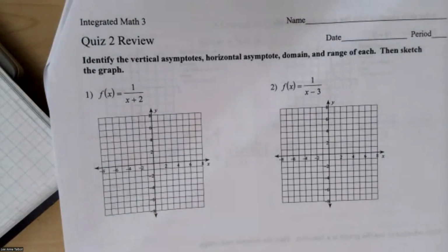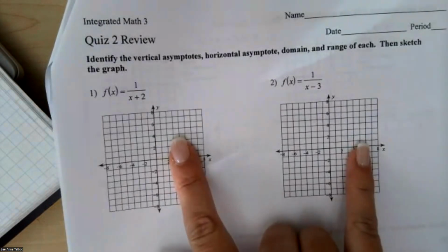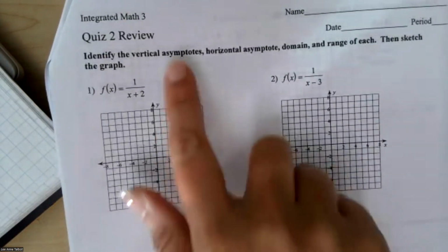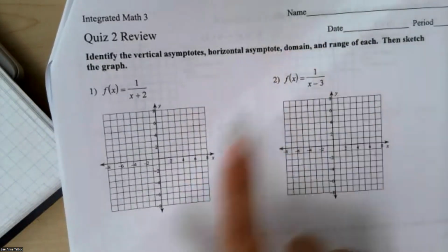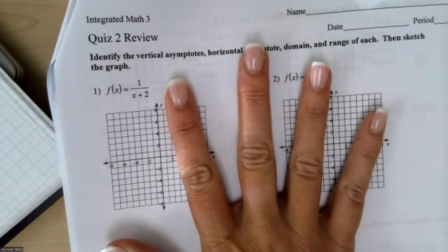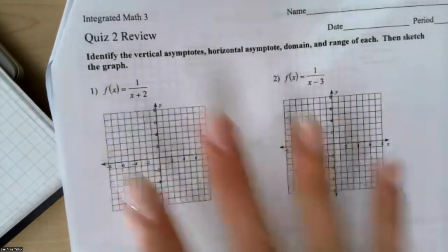I'm not going to stamp it on Monday, but I don't suggest that you ignore it because I really like to see questions. Monday will be my last day to be able to answer questions on it. So I would just say do as much as you can, just so that you're able to ask me anything you need to ask me. Do these make sense? Do you know what to do here? Vertical asymptote, horizontal asymptote, domain and range sketch. Try to do these without a calculator, just for the practice for the quiz.